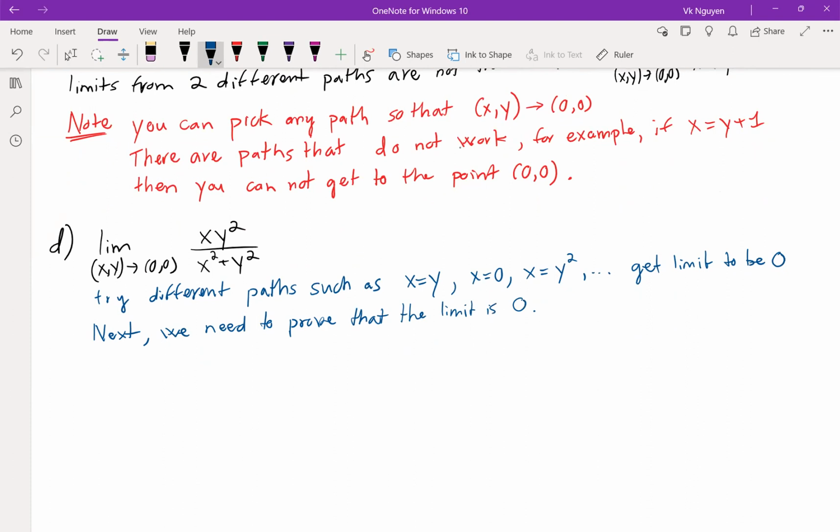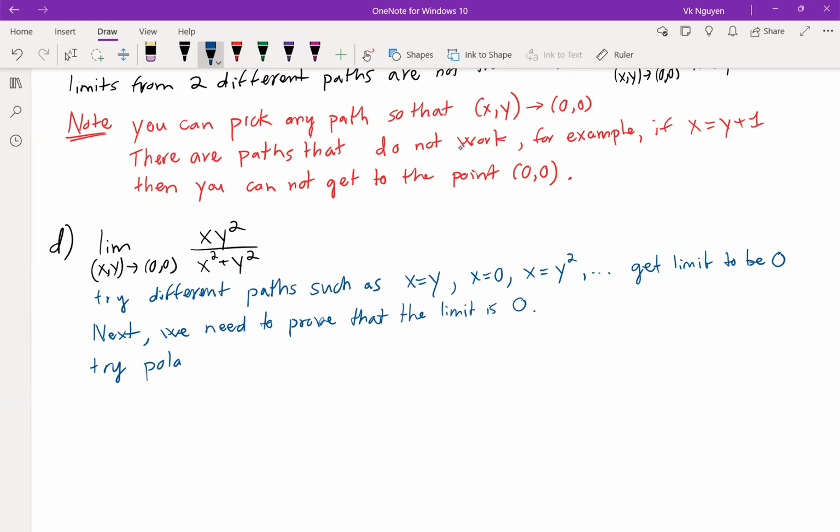Well, there are many different ways to prove it, but one of the best ways is to use a different coordinate system. There is the x, y coordinate here. If it doesn't work, use a different coordinate. You can try polar coordinates, and that is one of the nice ways to do it.